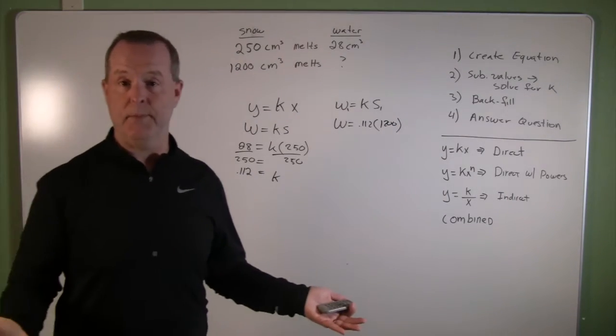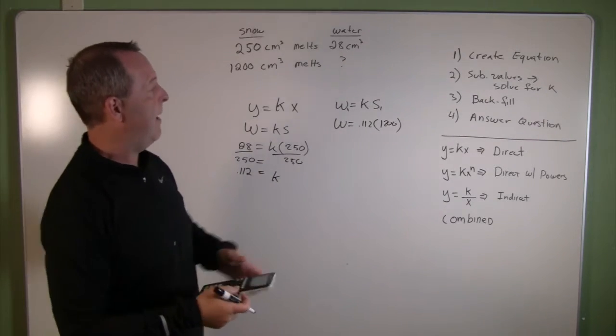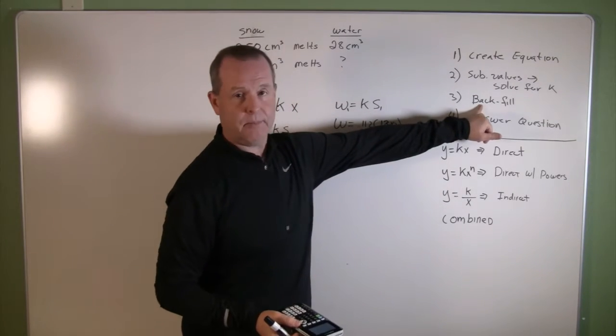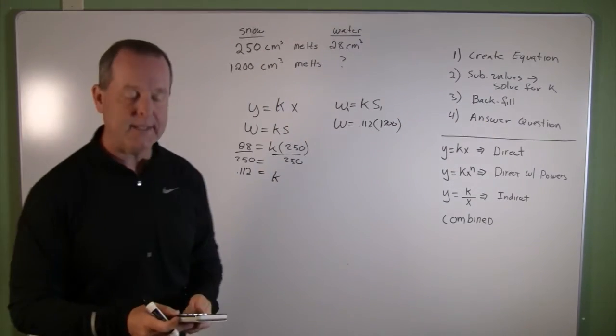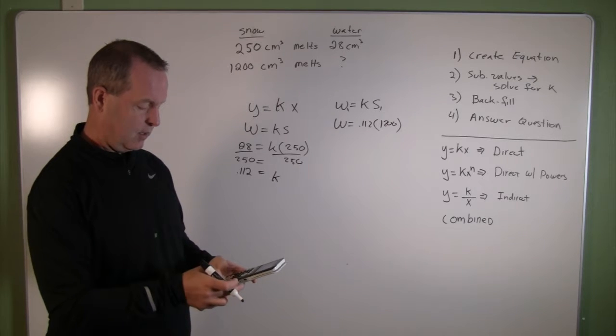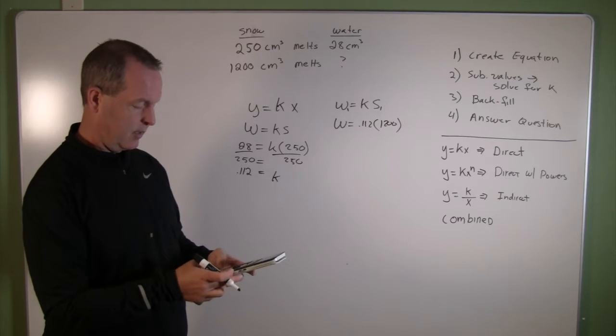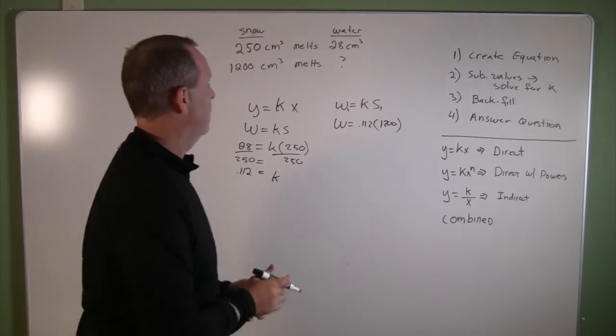How much water can we predict will occur? So I backfill, I put my constant of proportionality back into the equation with my second set of criteria numbers, and then I can multiply 0.112 times 1,200. And I get 134.4.